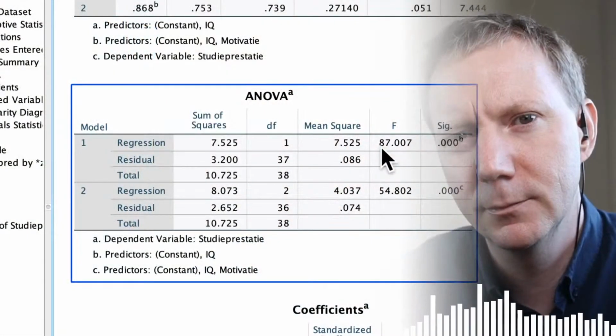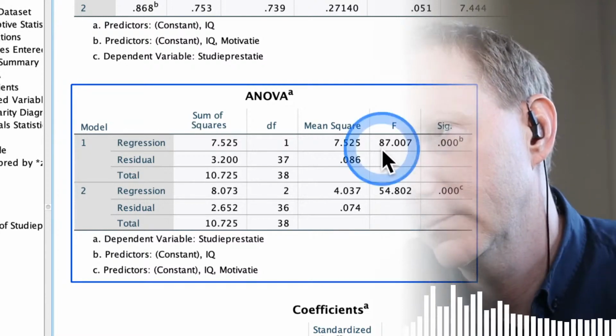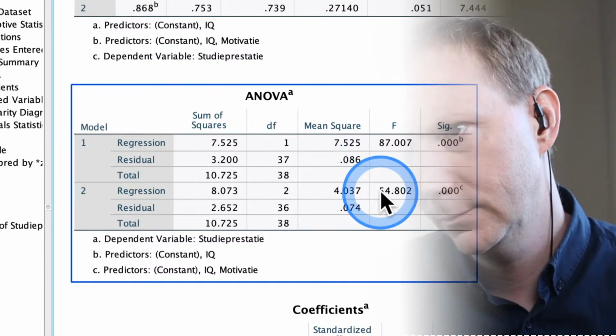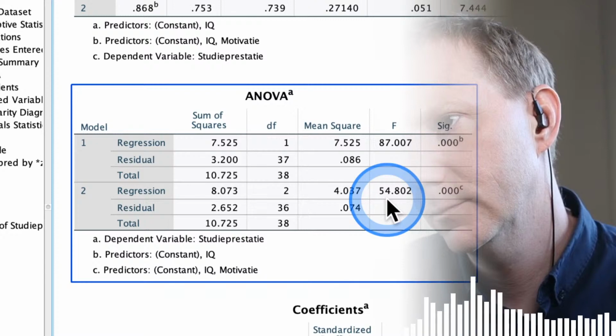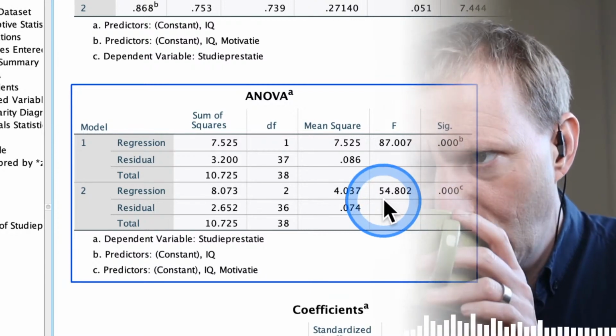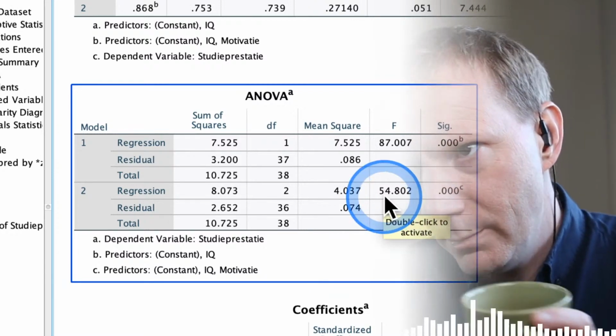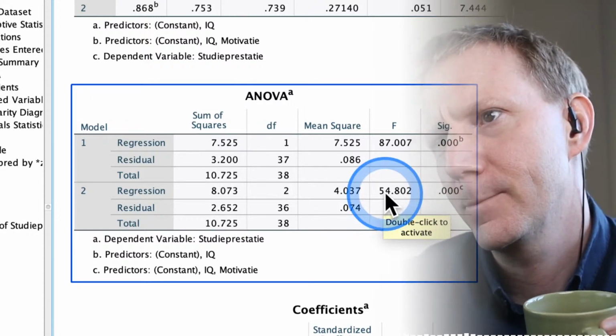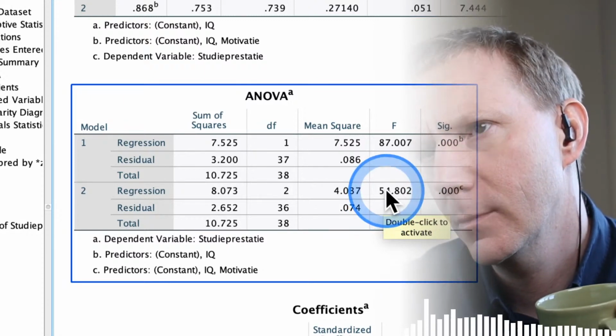Sure. Very good. Can I also ask a question? Yeah. There in the SPSS slides, you see the two F values, and the first one is higher than the second one, but wouldn't it be more logical that in the second one there was more explained variance, so the signal to noise would be higher?